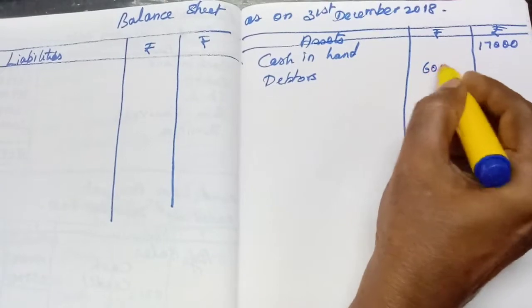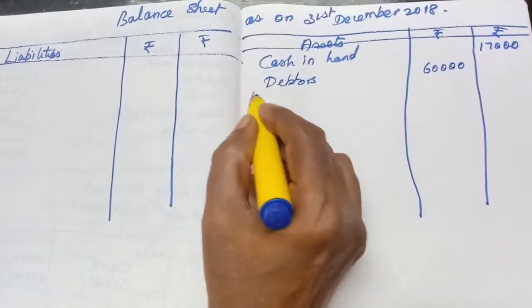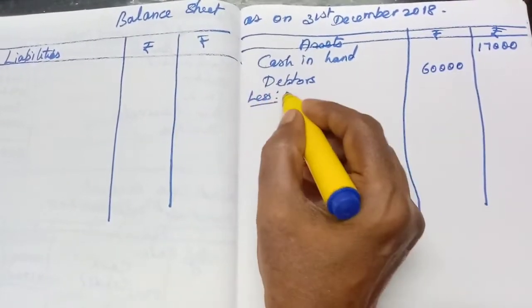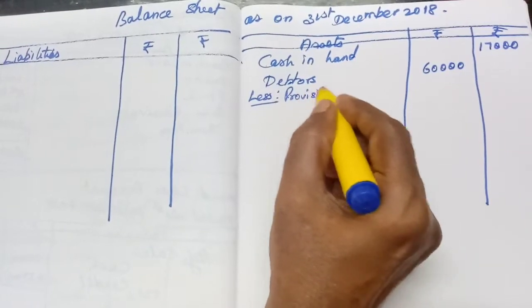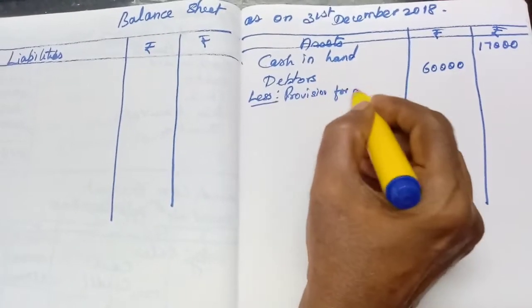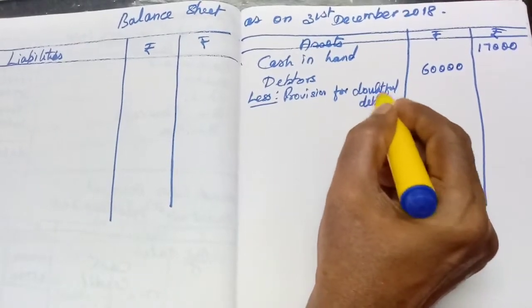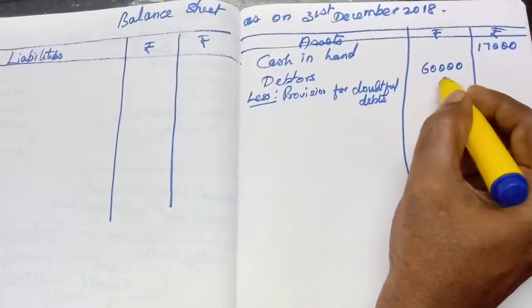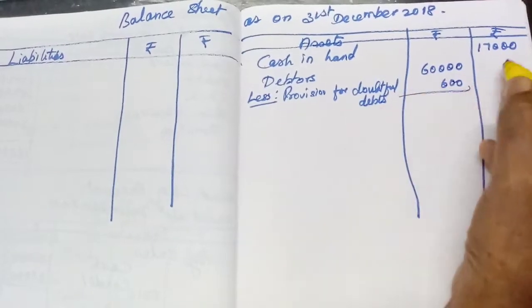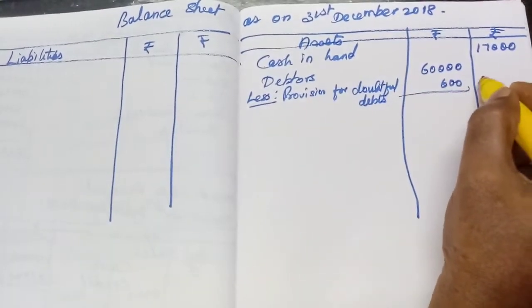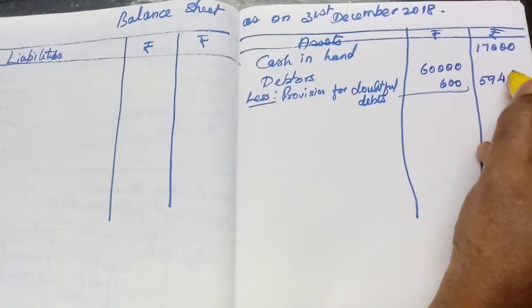Write inside the inner column. Now here we need to deduct one item. What is it? Provision for doubtful debt. How much? 600. Okay, so we will get 59,400.